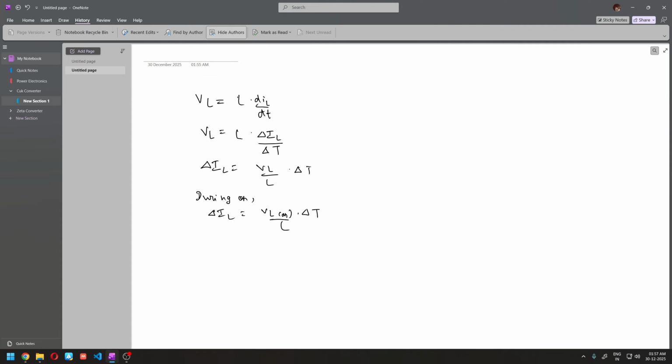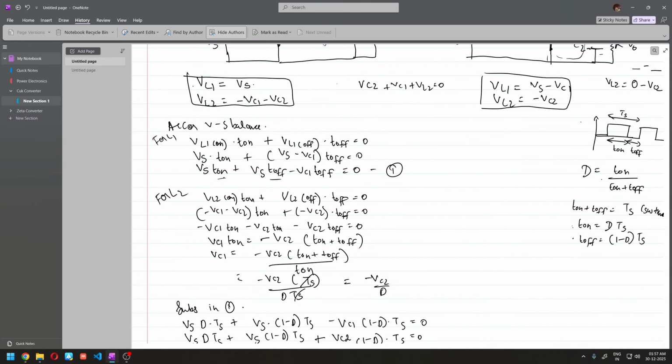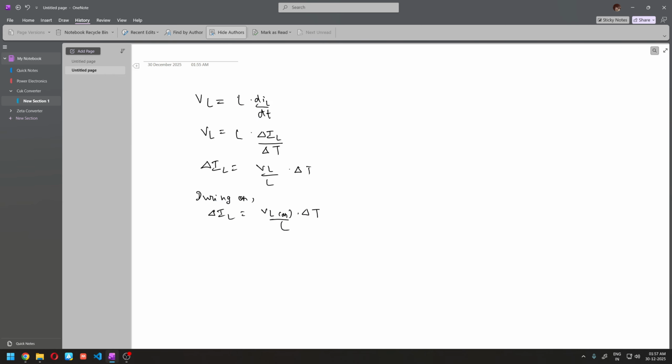And we do know here, if I go back to the on state, if you see this graph, the on time is basically duty cycle times Ts, right? So let's rewrite that. So this is equal to VL on into dTs, the switching time, divided by L. So now we have the generalized equation for the inductor current ripple. Let's apply it to the first inductor. Now we can substitute from the same here.